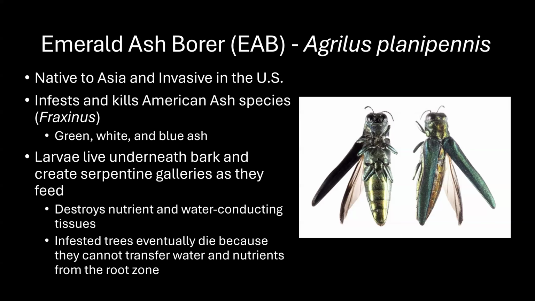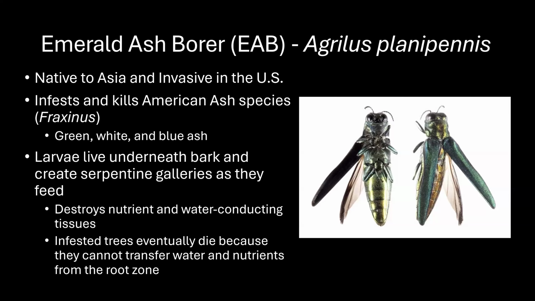One of the things we'll talk about is you start to see canopy dieback first, and that's an indicator that you may have emerald ash borer. Unfortunately, infested trees can eventually die, especially if they are heavily eaten up over and over again, because they're not able to transfer those water and nutrients.